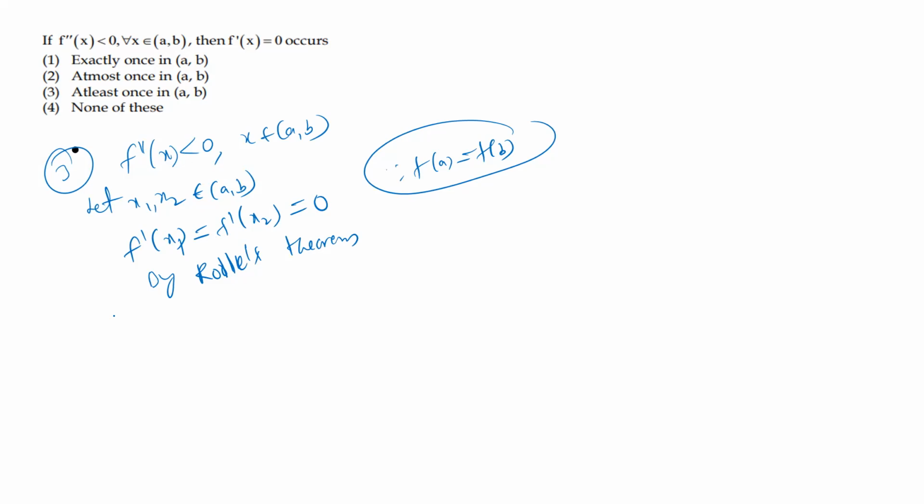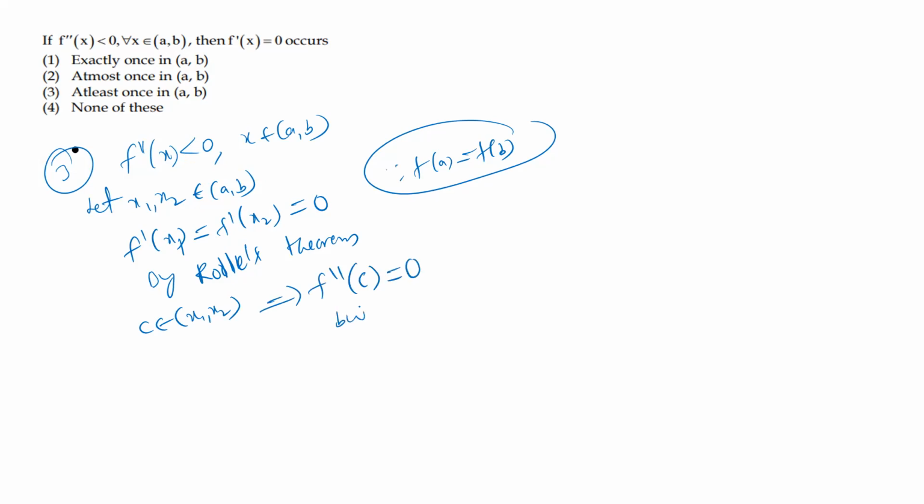Now by Rolle's theorem, what? Some c value must exist to apply this condition. Now there is some c value which belongs to the open interval x1 comma x2. Now this function is f dash of x, its derivative is f double dash of x. By Rolle's theorem, the derivative of the function at c must be 0.